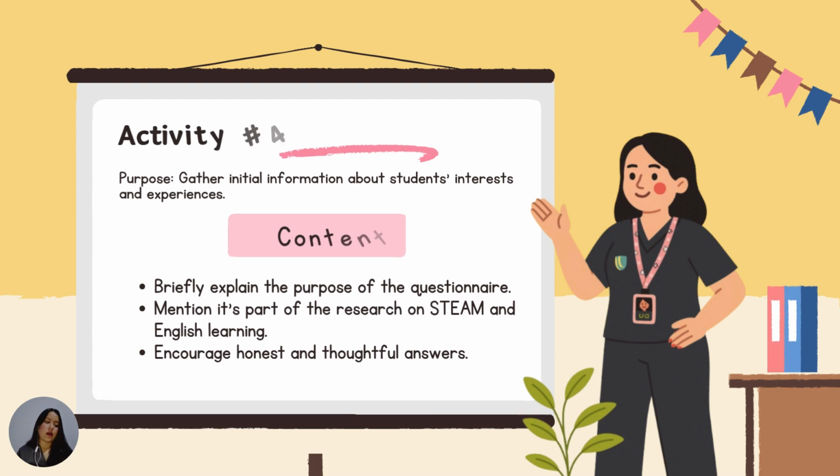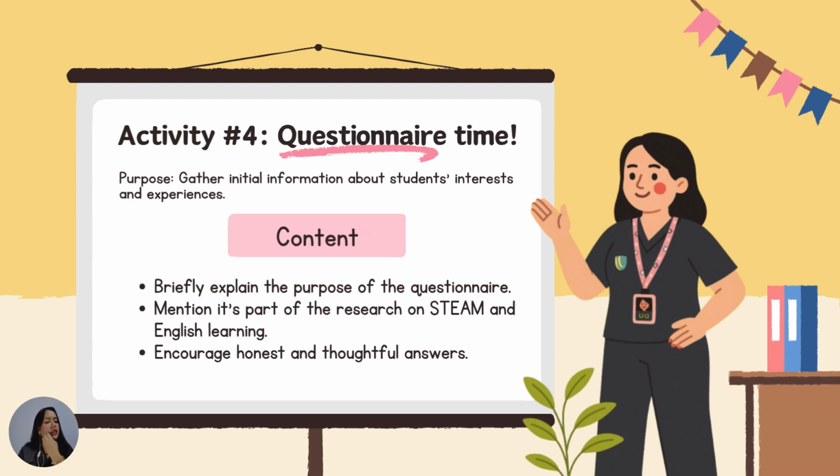Now we are going to present the fourth activity that was questionnaire time. The purpose of this activity was to gather varied initial information about students' interests and obviously their experiences.